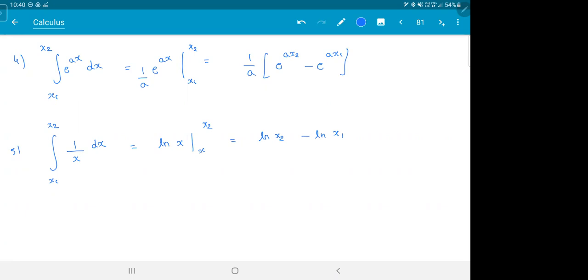Copied. So let's see a few more problems.